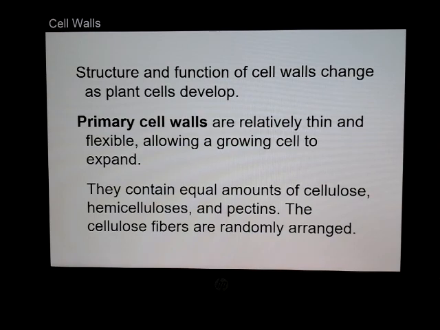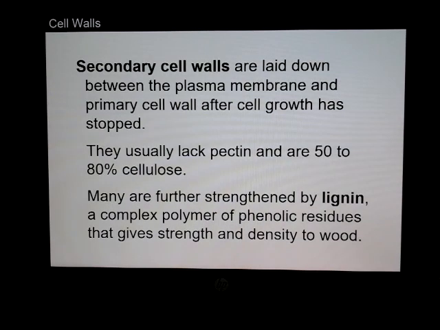Now, cell walls in plants change as the cell develops. Primary cell walls are relatively thin and flexible. They allow the cell to grow and expand. They have cellulose, hemicellulose, and pectins associated. Secondary cell walls are between the plasma membrane and the primary cell wall after growth has stopped.